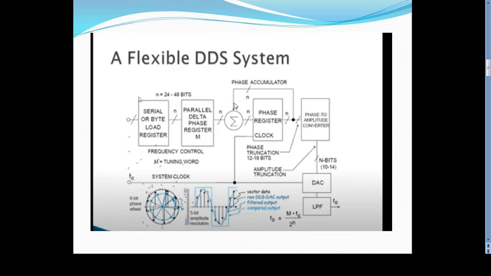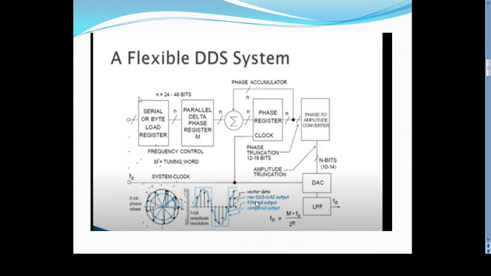This is the phase accumulator with feedback, having two inputs. The first one is from the parallel delta phase register, and the second is from the phase accumulator, which generates the phase register, and the phase register is clocked by a system reference clock. This is a phase wheel which generates different phases in the anti-clockwise direction.